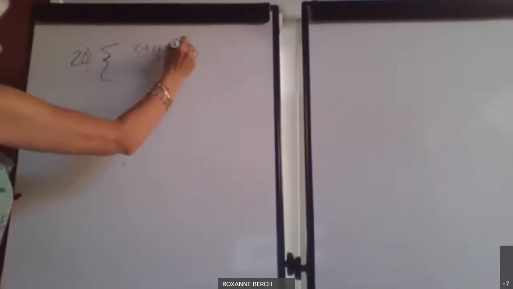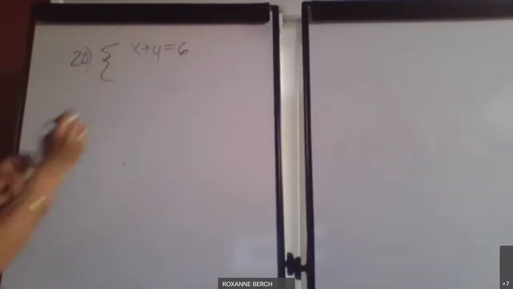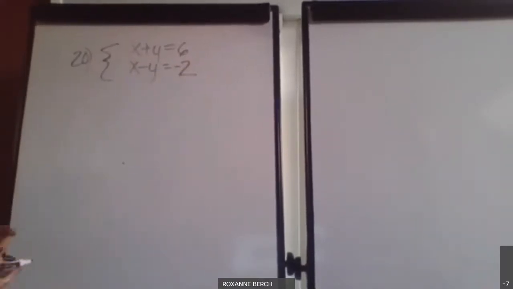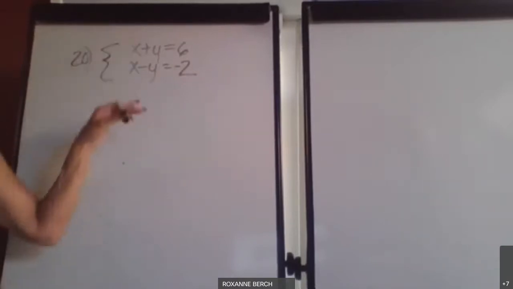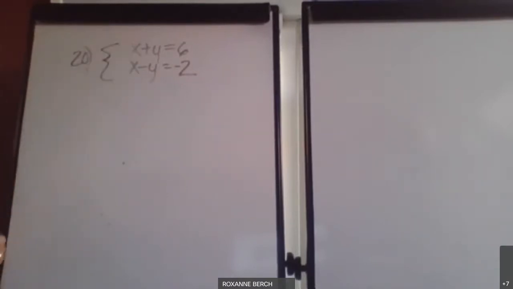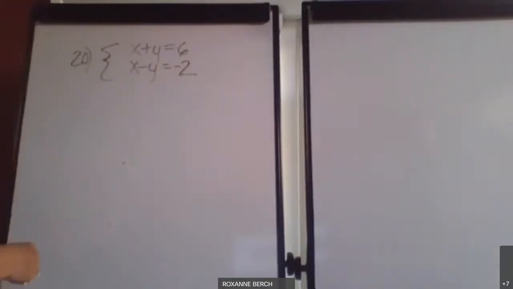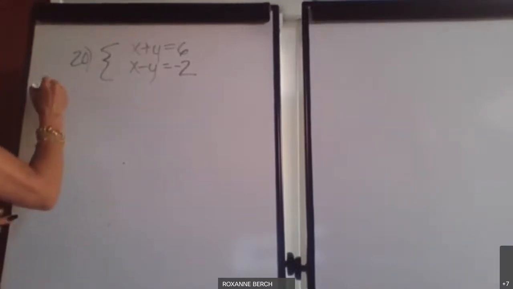Number 20 is x plus y equals 6, and the other one is x minus y equals negative 2. You're going to stack it and eliminate a variable, then go back and find the other variable. In the chat, type the word yes when you're done.